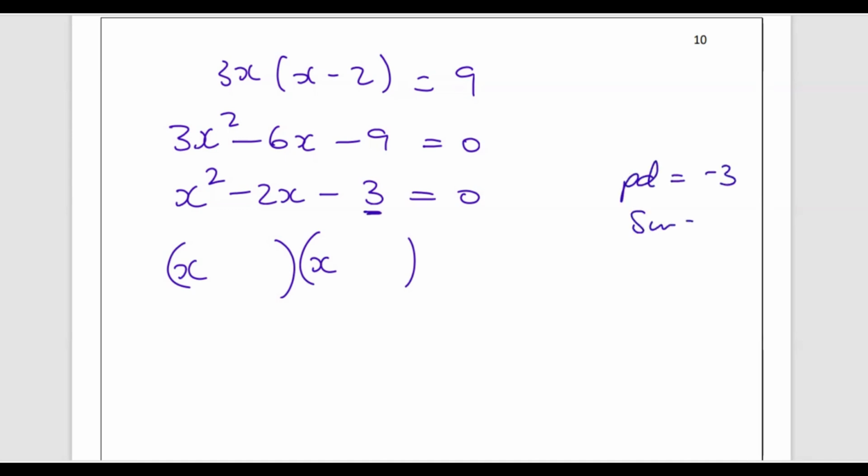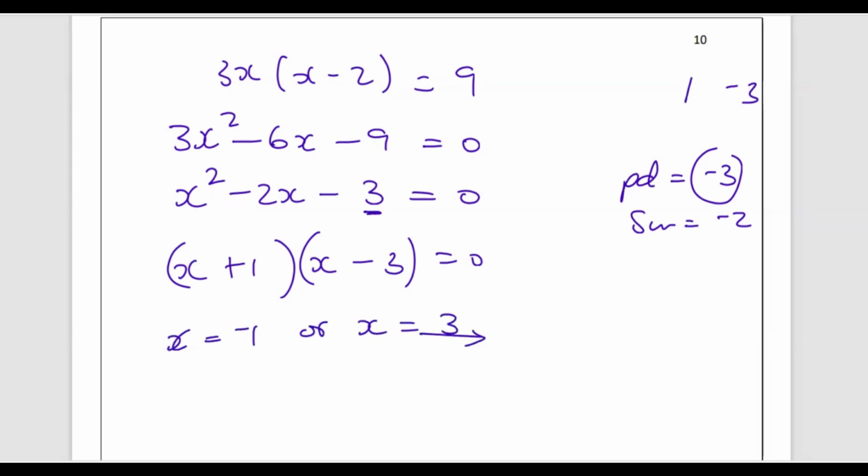The sum is negative 2. The numbers of focus will be 1 and negative 3. So (x plus 1)(x minus 3) is equal to 0. When you get to this level, just switch the signs within the brackets and get the answers. So x is negative 1, or x is positive 3.